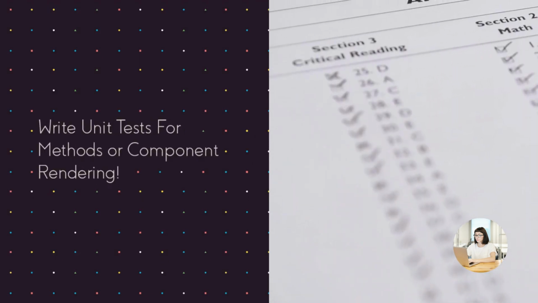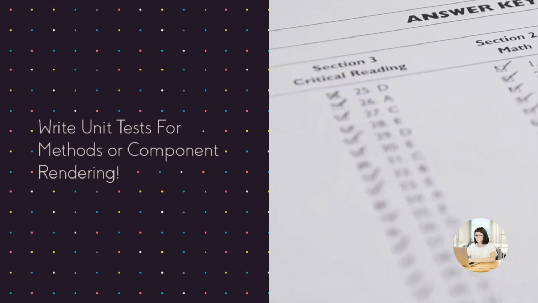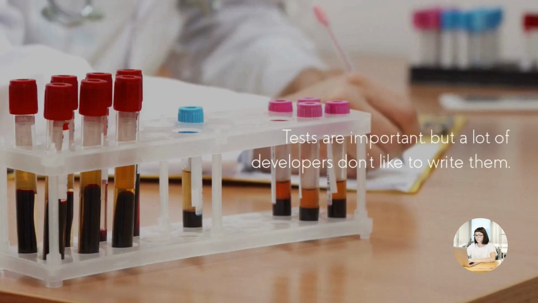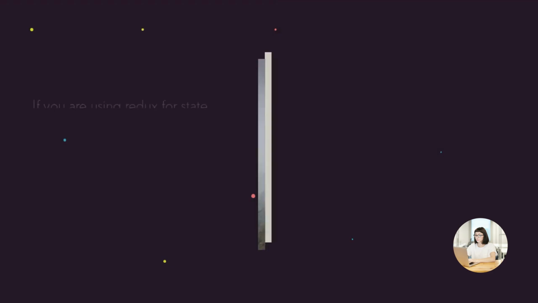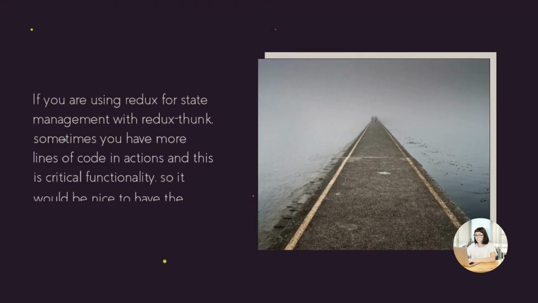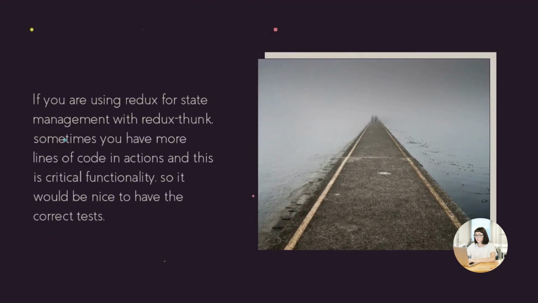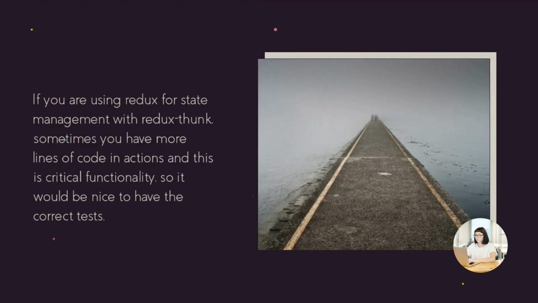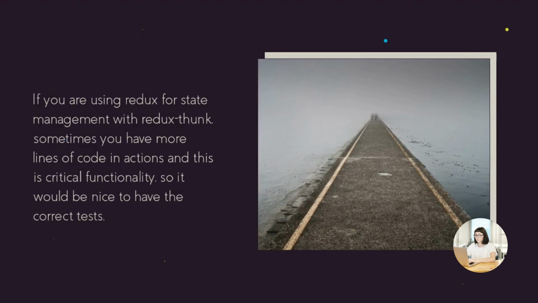Write unit tests for methods or component rendering. Tests are important, but a lot of developers don't like to write them. If you are using Redux for state management, with Redux Thunk, sometimes you have more lines of code in actions, and this is critical functionality, so it would be nice to have the correct tests. Why?